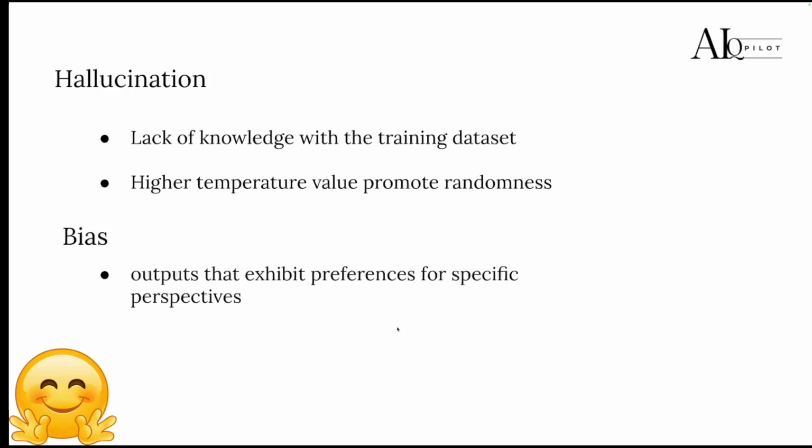Let's say you are using an application such as ChatGPT. You may know that ChatGPT is trained, I think the latest version is trained until April 2022. So if you have any factual information after April 2022 and you go to ChatGPT and ask a question related to that factual information, you may see ChatGPT hallucinate and generate some output which may not be correct.